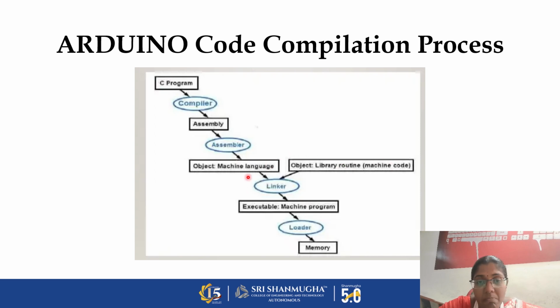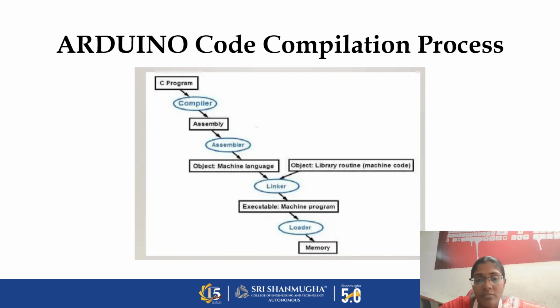The written program and the library routines are linked with the help of the linker, and converted into an executable file in the form of a machine program. That is sent to the memory available in the IC on your Arduino board with the help of the loader. There the process starts with the help of your program.